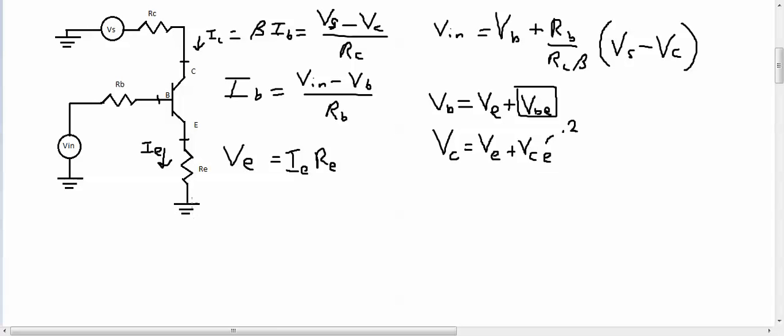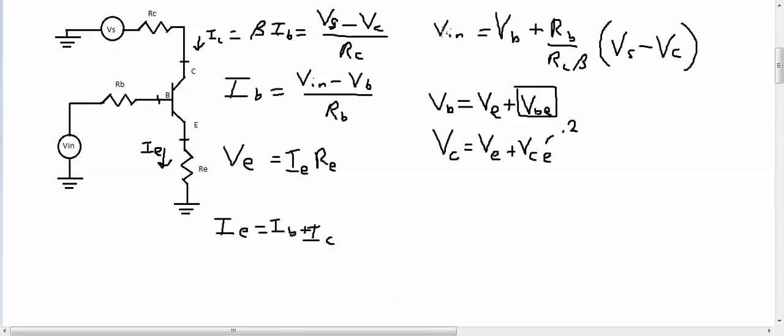And because this is ground, we know that that will be the voltage at that point. And the current at the emitter, IE, is simply equal to the current going through the base plus the current going through the collector. Those two currents combined is equal to the current going through the emitter.